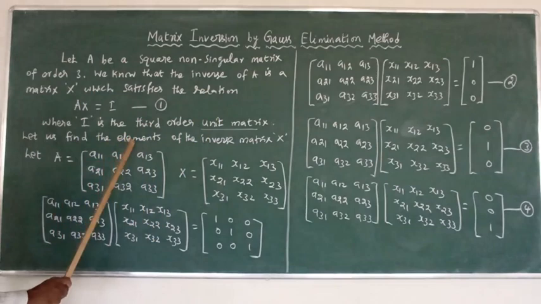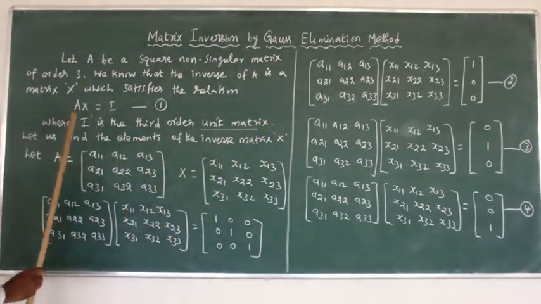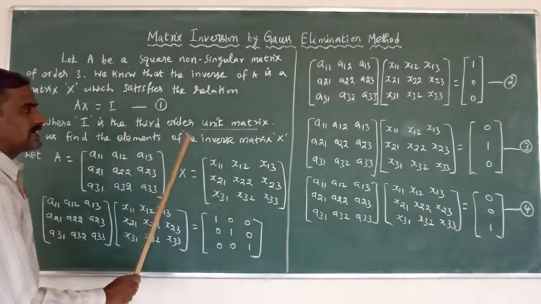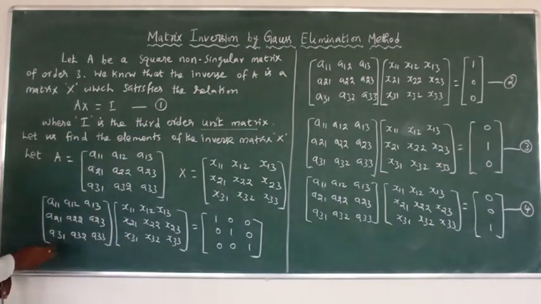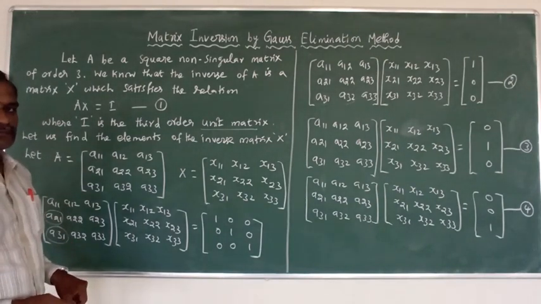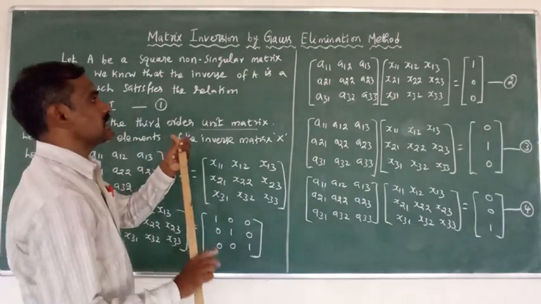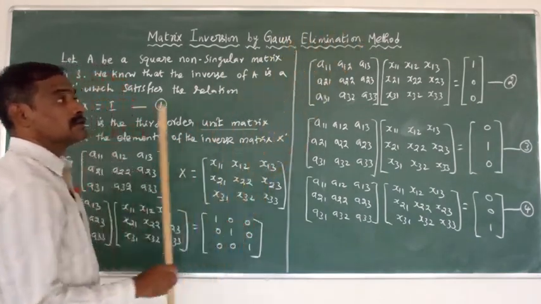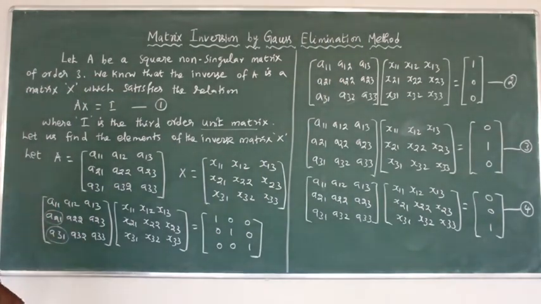Now to find the elements of the inverse matrix X by using the Gauss elimination method, first we have to make A21 and A31 zero by the Gauss elimination method. This is step number 1.